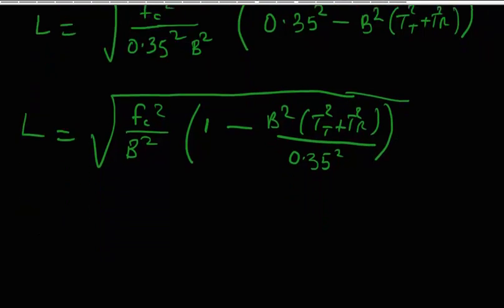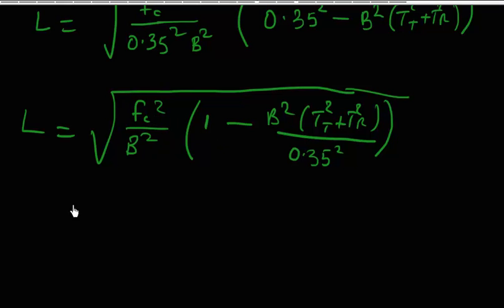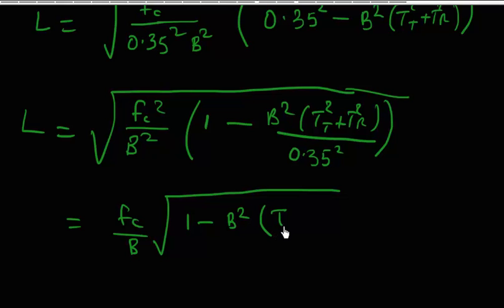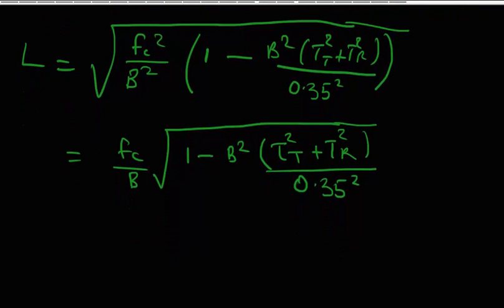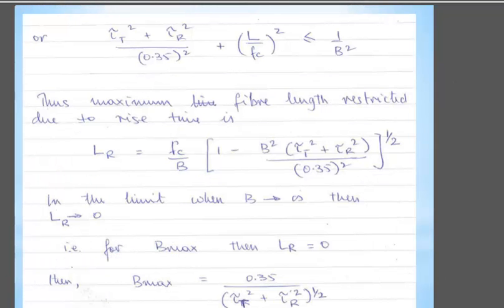Good. I can get the square root of this one. FC over, take it out. FC over B, right? Yeah. Root everything. 1 minus b square. So, good.